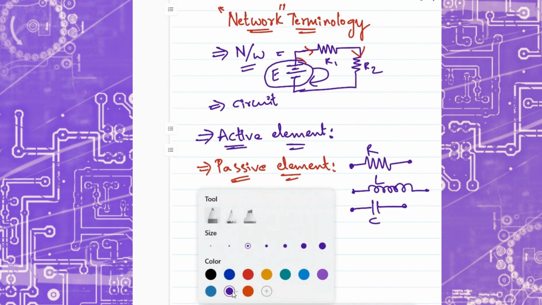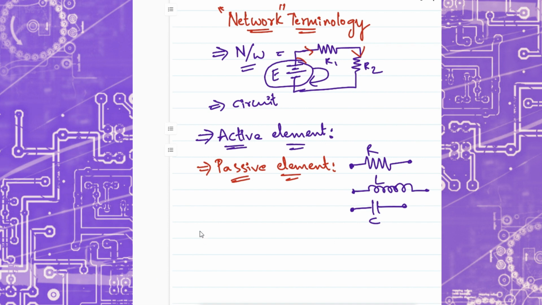Now coming to another common term that you hear in networks, the node. To understand these further terms in a better way, let me draw a circuit here quickly, which helps us for better understanding.